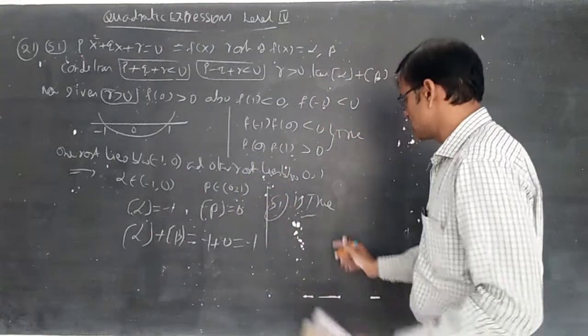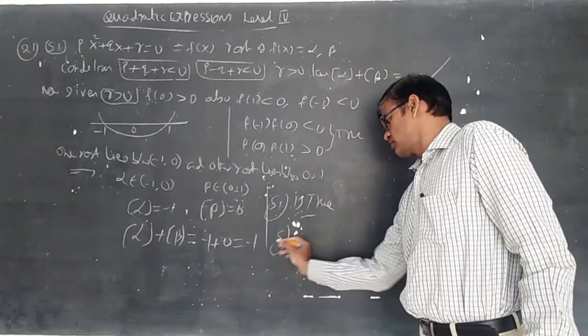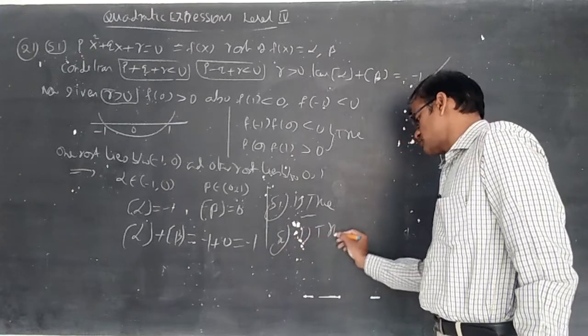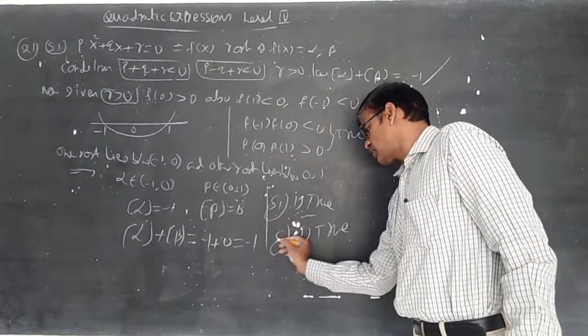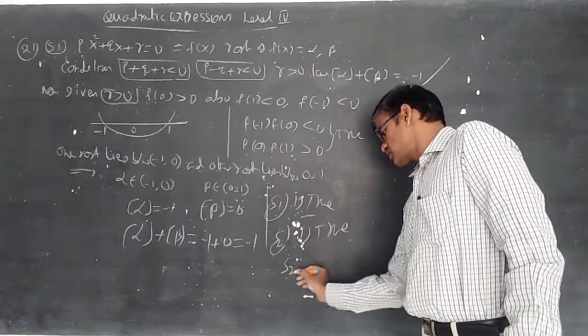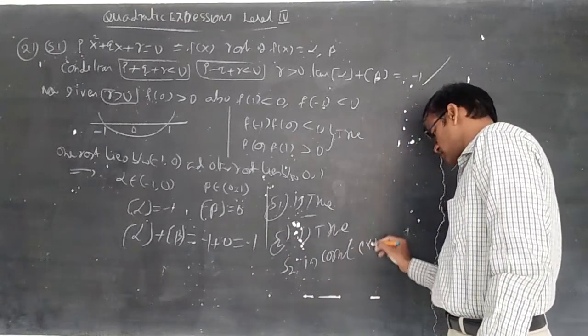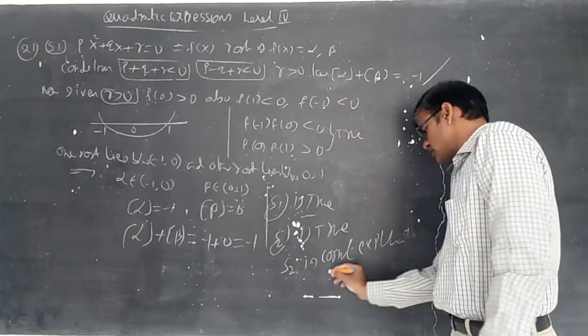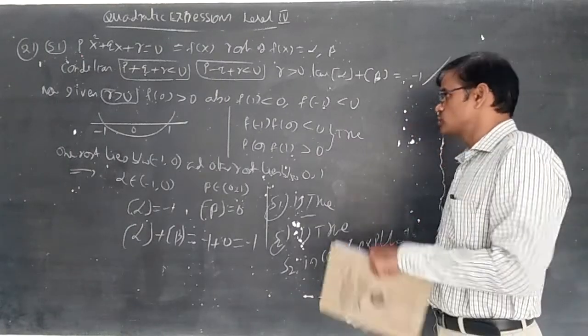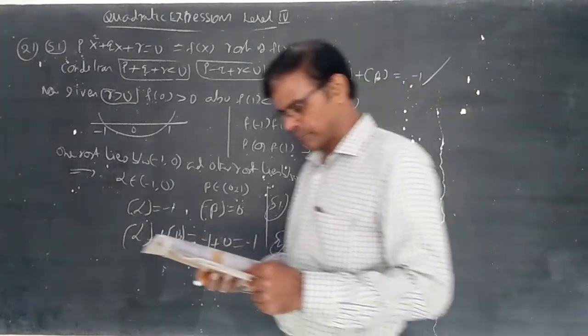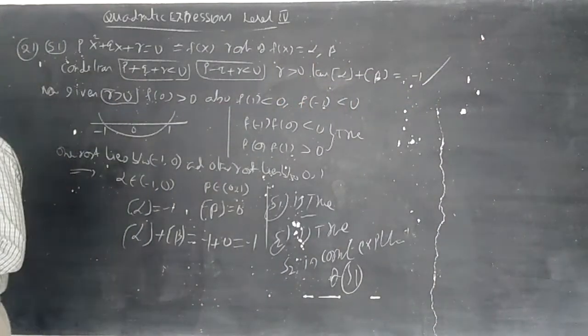Exactly, we use this one. S2 is a formula. S2 is true and a correct explanation. We used the S2 in S1. S2 is a correct explanation of S1. So option A. Option A is correct.